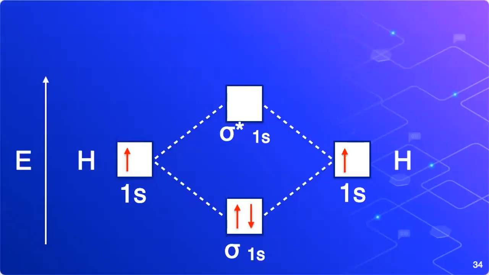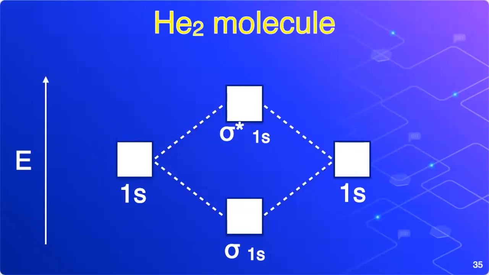Let's try it with the helium molecule, or the He2 molecule. For the helium molecule, we have 2 electrons in each 1s orbital, di ba? So we'll start filling up the BMO sa baba with 2 electrons, and then the rest will be on the ABMO.